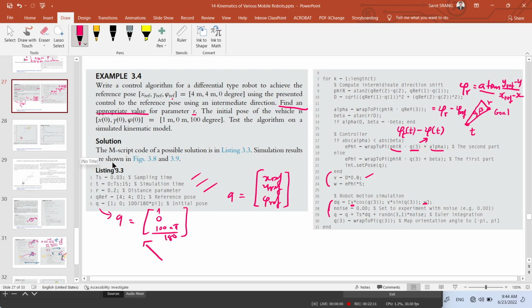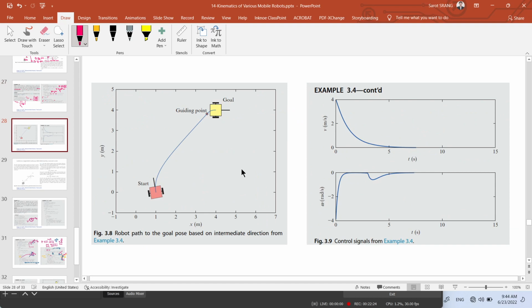So this one is not difficult, both in terms of the concept and the algorithm. Let's see the trajectory and velocity and orientation with respect to time. So the trajectory here is in the x and y plane.